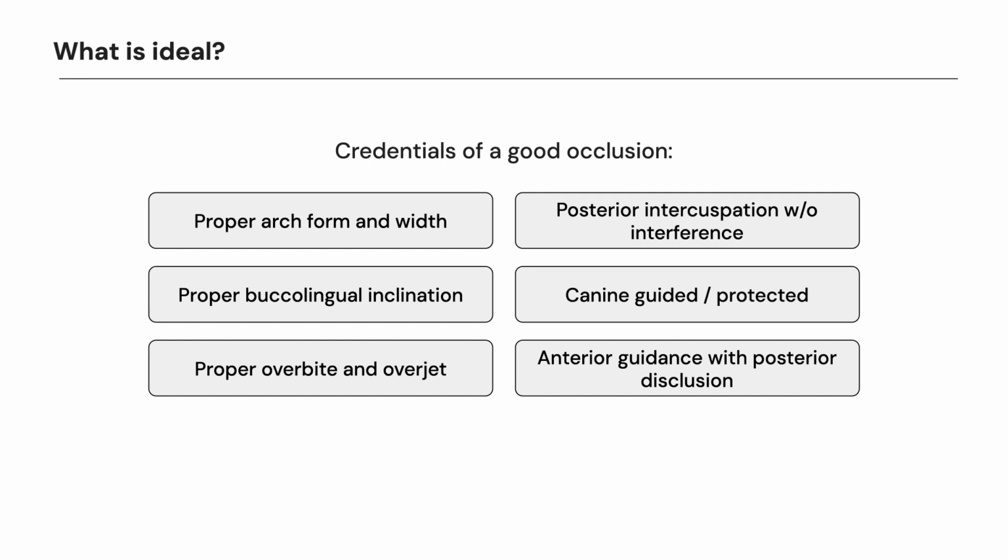Last thing is that we want to have anterior guidance with posterior disclusion. That means when they're going for that corn on the cob movement or sliding the bottom jaw forward, as they do that, the back teeth should all come apart. Nothing should touch. That's called posterior disclusion. Super important for being able to keep things healthy, not have them break down, right? We don't want those cusps to break down.